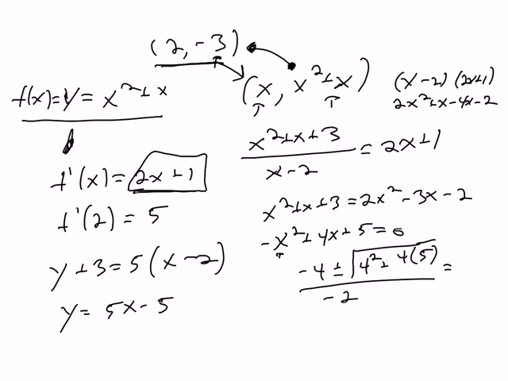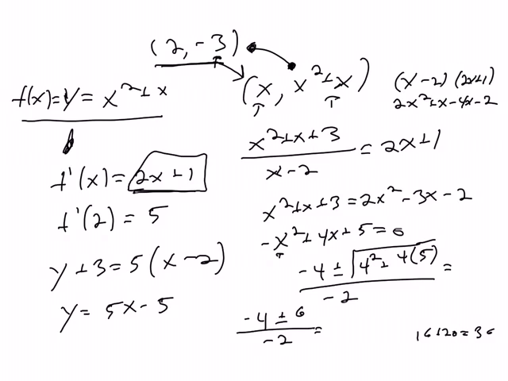So this is going to give me negative 4 plus or minus, 16 plus 20 is 36, so plus or minus 6 over negative 2. Okay, so negative 4 plus 6.